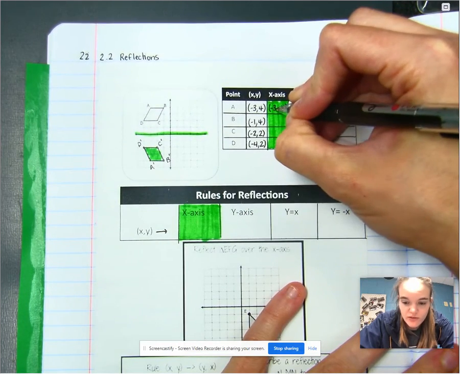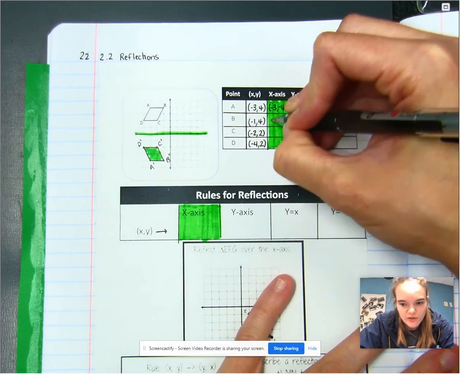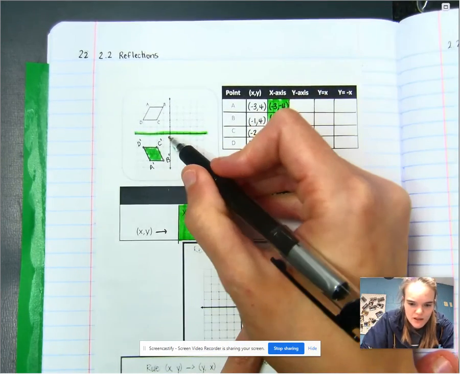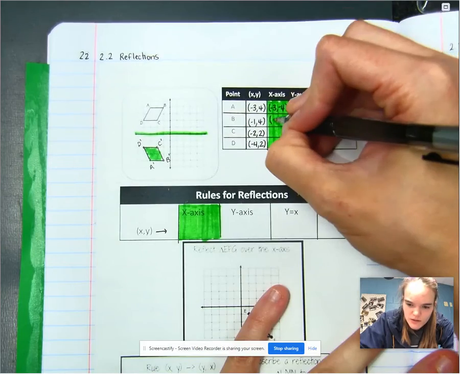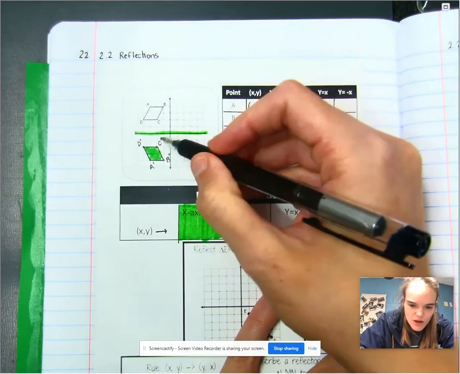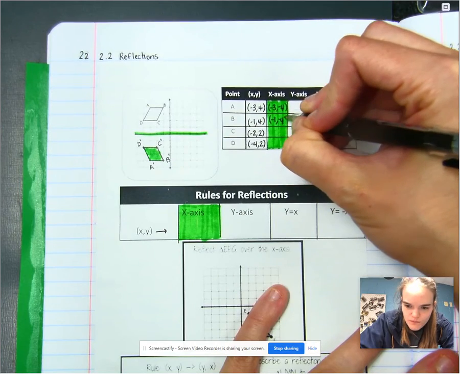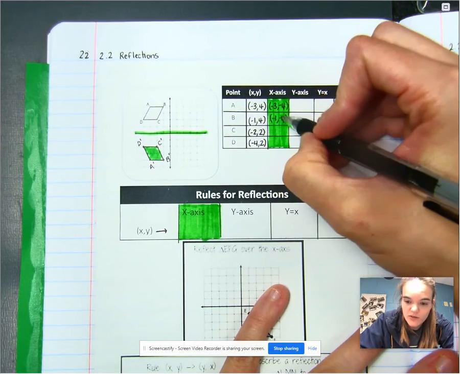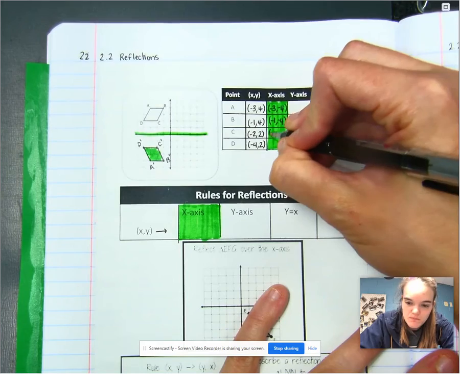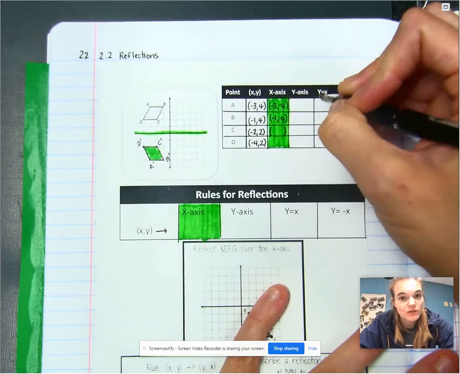The x coordinate stayed the same. Let's see if that works for all of them. B prime is at negative 1, comma negative 4. Okay, notice the x coordinate stayed the same. The y changed. The y just became a negative.